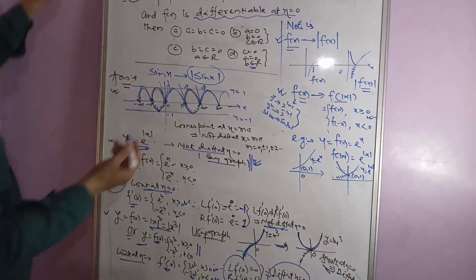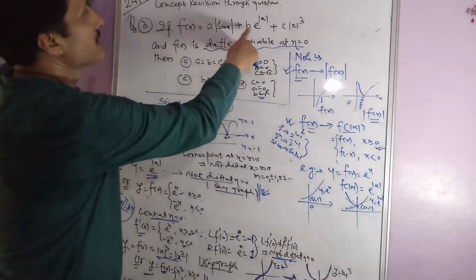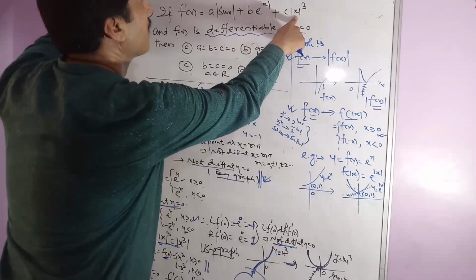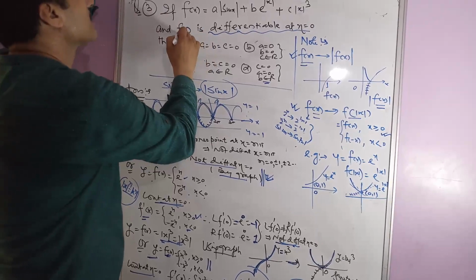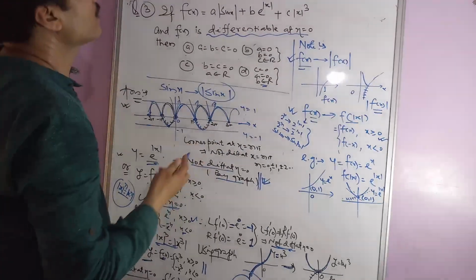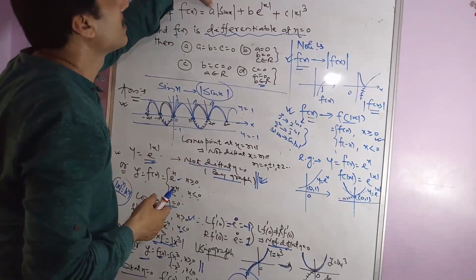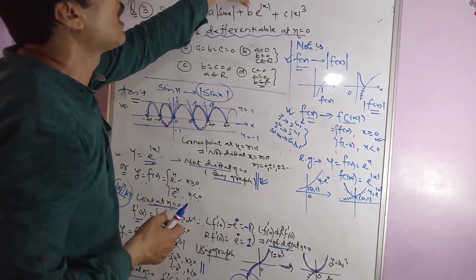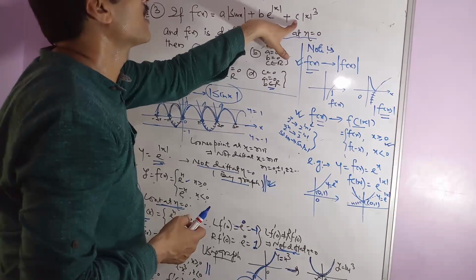Now we come to the question. Here this is not differentiable, this is not differentiable, only this term is differentiable. The question is that the function is differentiable at x equal to 0, so necessarily a must be 0, b must be 0 and c may be any real number.